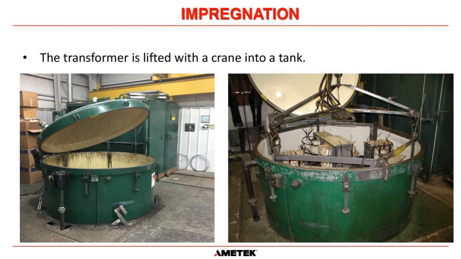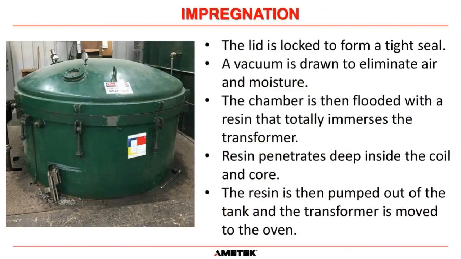So we take the transformer once it's tested and put it in a tank, which you see here. And this tank goes down in the floor about 10 feet or so. It's pretty deep. We drop the transformer at the bottom of the tank, and then pull the lid closed. And if there's any nuclear people here, this almost looks like a containment building right here.